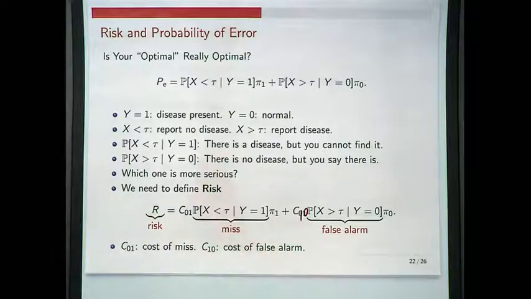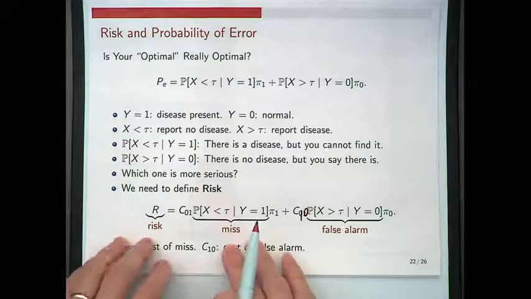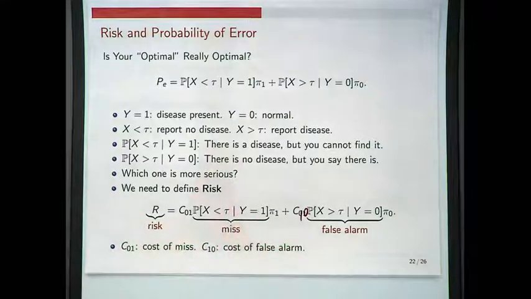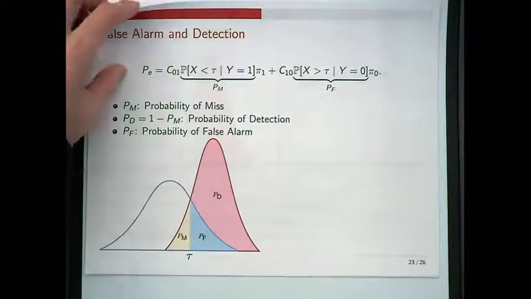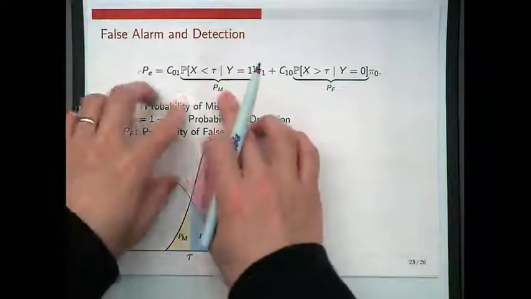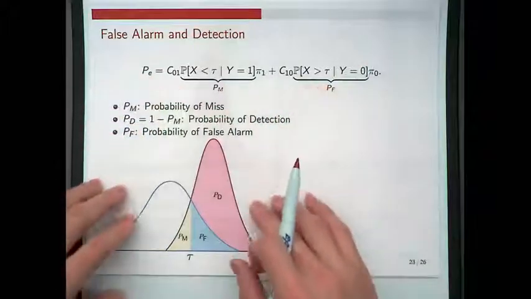Sometimes missing a student copying another student is okay, because it's not that big a deal. So think about what kind of risk you really care about when you look at your problem. Okay, so by false alarm and detection, I can also look at these two terms more carefully.